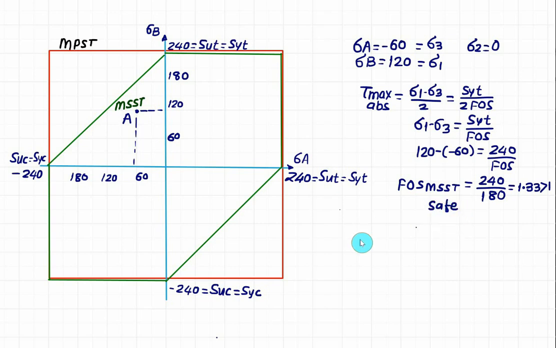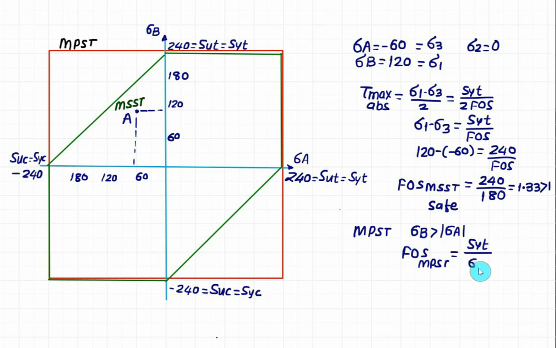And in the case of MPST, since the boundary is the same, you have to select the maximum value. In this case sigma B is greater than the absolute value of sigma A. 120 is greater than 60, so the design is based on sigma B, and the factor of safety for MPST will be equal to SYT divided by sigma B. All these values are the same, so we write SYT or SUT, it doesn't matter.